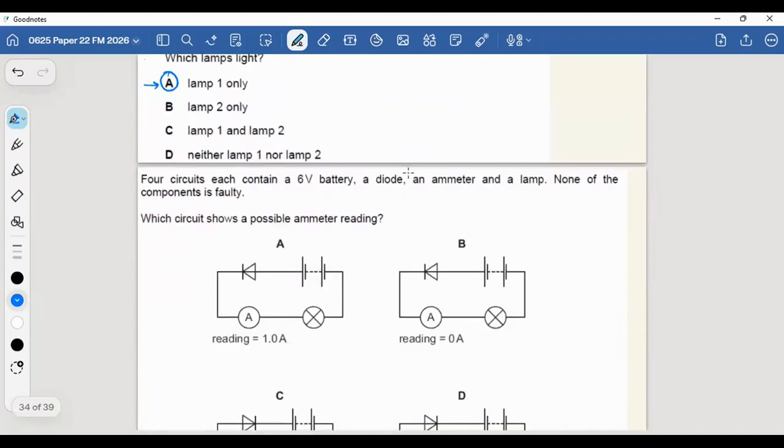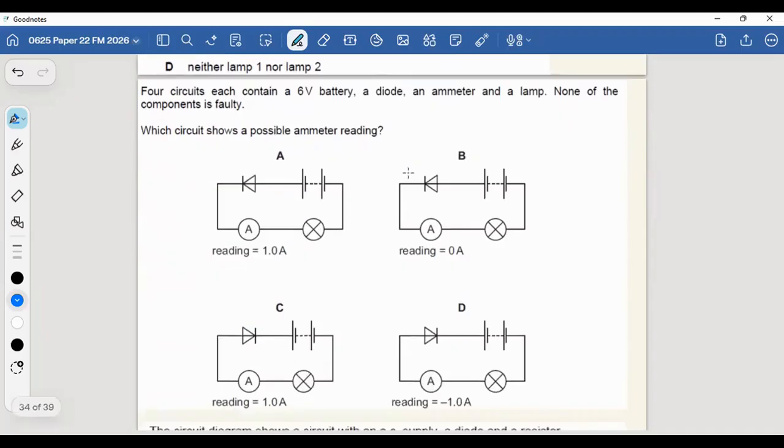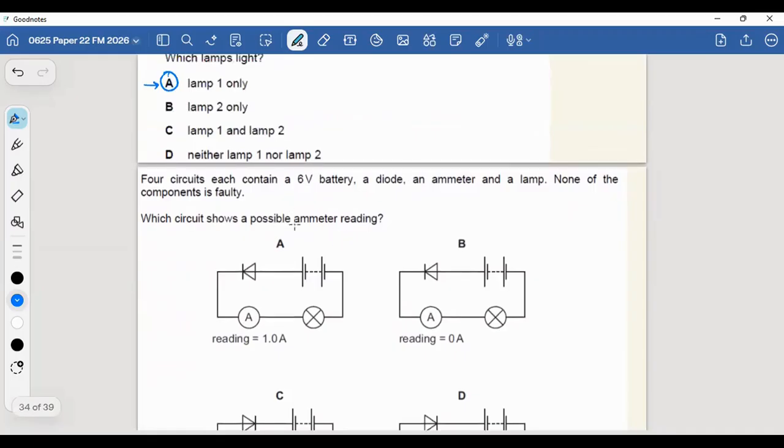Four circuits each contain a 6-volt battery, a diode, an ammeter, and a lamp. None of the components is faulty. Which circuit shows a possible ammeter reading? The ammeter should have a reading. Let's see.